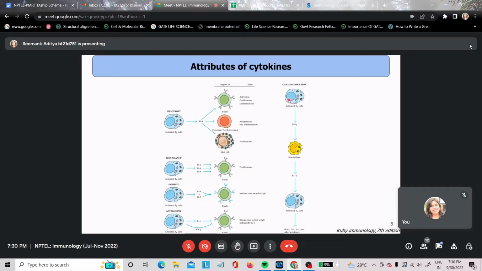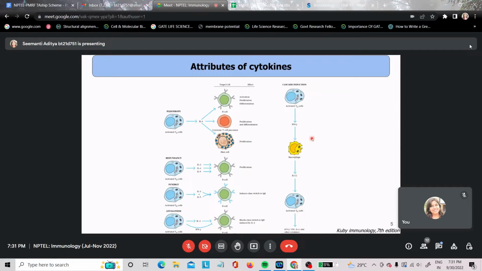And cascade induction: a particularly activated TH cell is producing one type of cytokine, say interferon gamma, and this interferon gamma acts on macrophages or other kinds of cells and can stimulate these macrophages to produce different kinds of cytokines like IL-12. And this IL-12 will act on activated T helper cells and help in the production of another variety of cytokines.